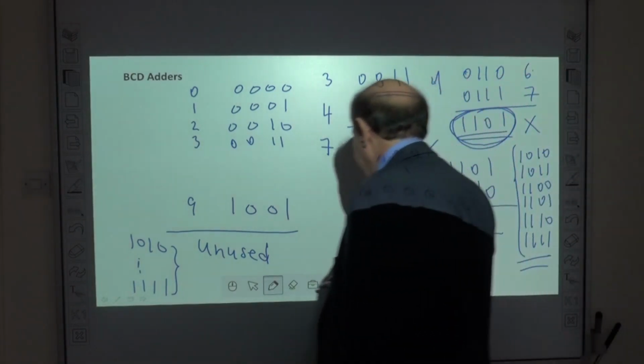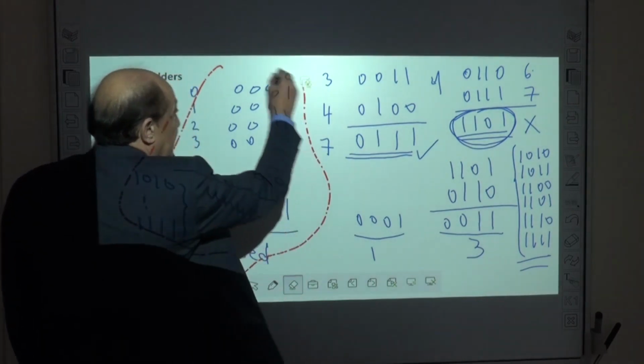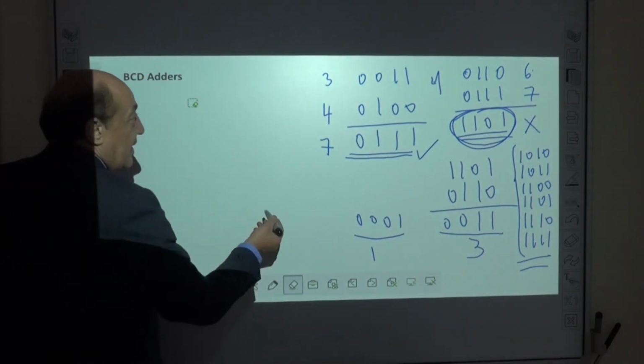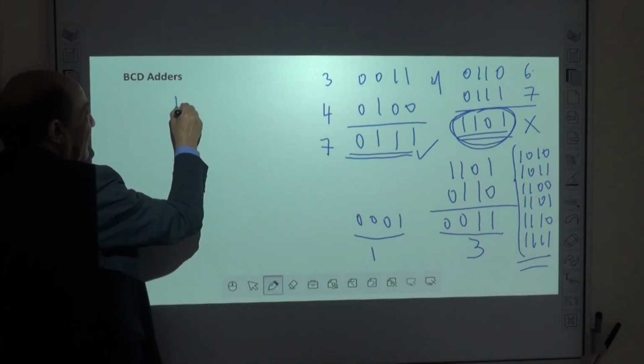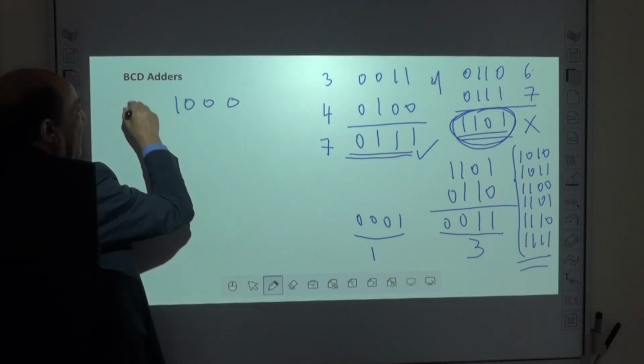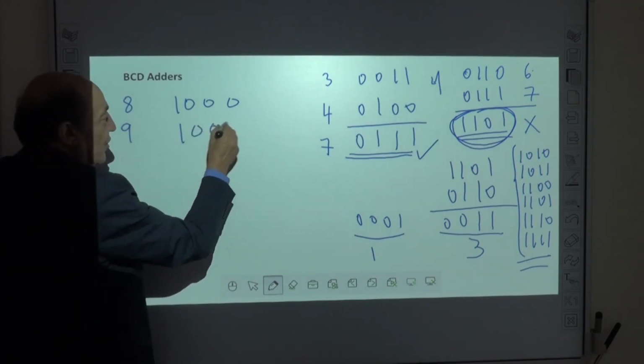Another scenario, let's add 8 with 9, for example. 8 is 1000 in BCD, and 9 is 1001.